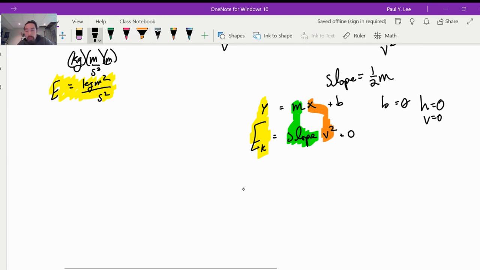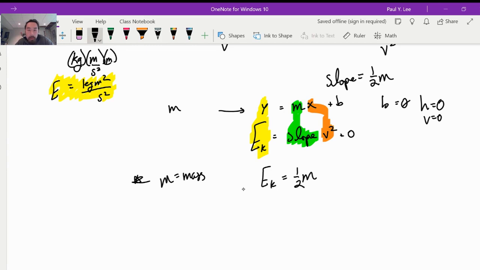Okay, and so if we link with what I just told you earlier, we see that the kinetic energy is equal to 1/2 times the mass. Okay, now just so you know, let's put a little star right here. This m is mass here, and this m up here in this formula means slope, right? So you've got to make a distinction.